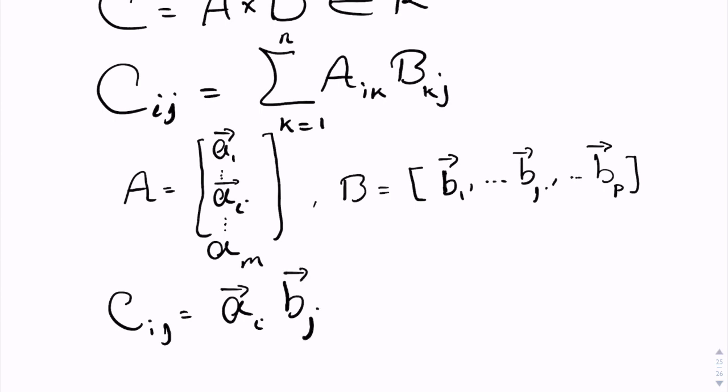In other words, I can say Cij is equal to the Ai vector, dot product of these two vectors.